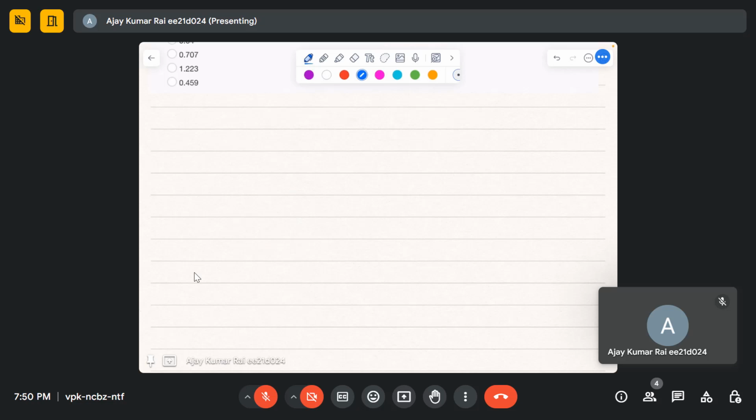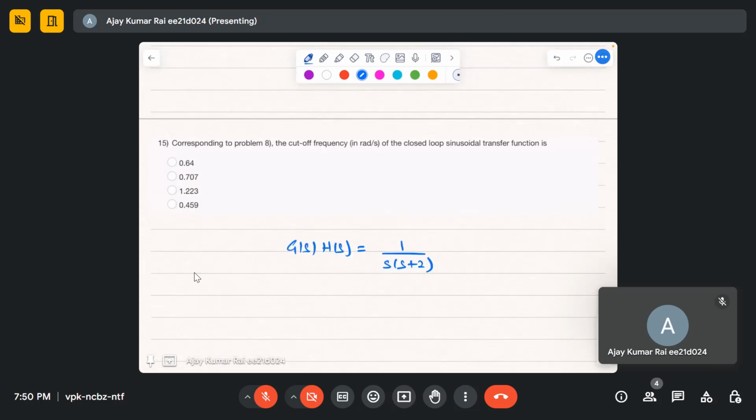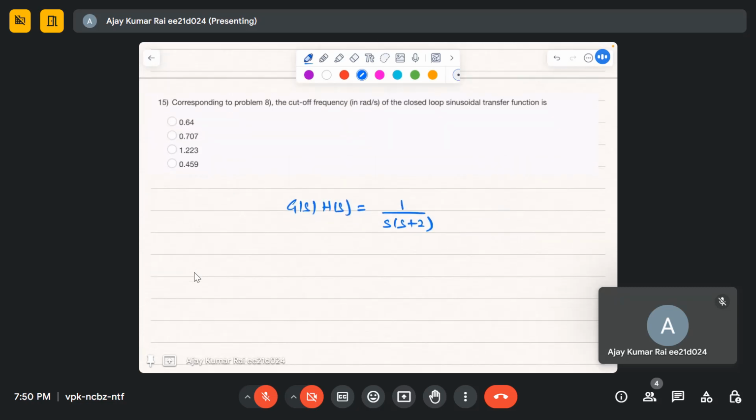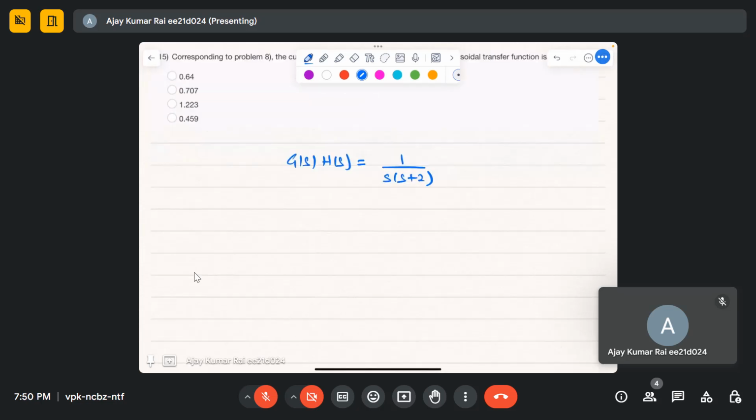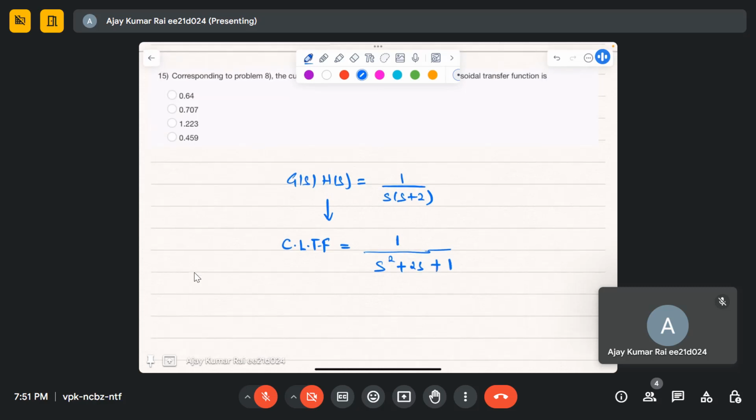problem A, we have open loop transfer function. Okay, and let me go stepwise. For that, what is the closed loop transfer function?